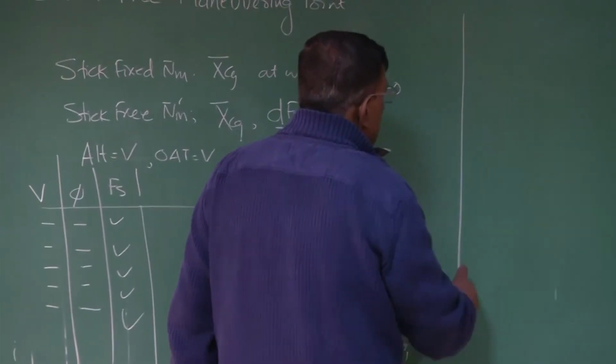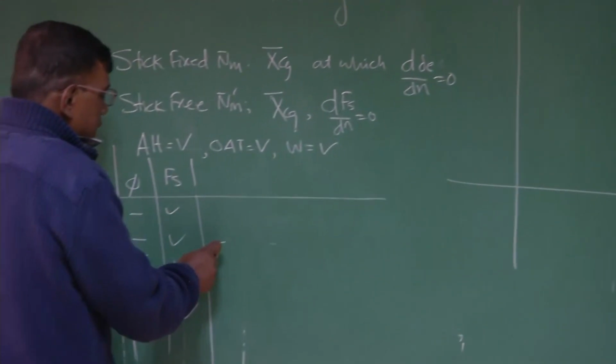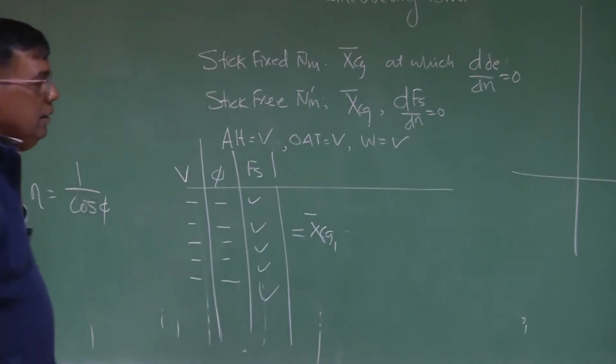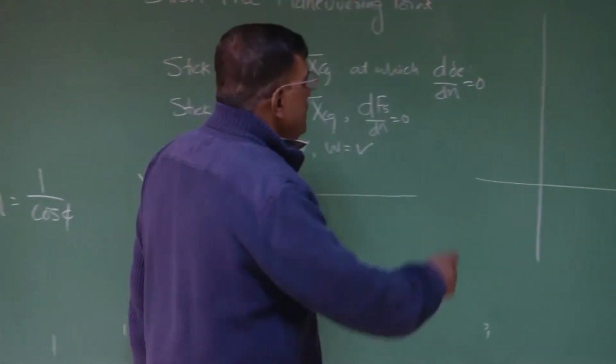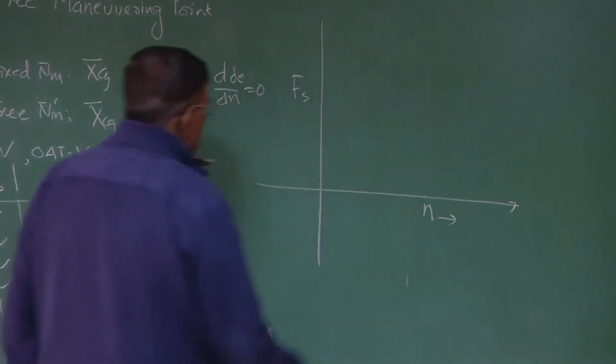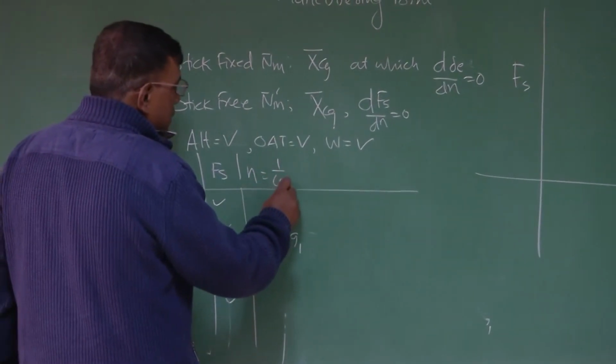I will simply conduct this experiment for a given XCG, let's say the XCG1 configuration. Then I will plot Fs versus n. And how will I get the value of n? I will get it from here, n equals 1 by cos phi.